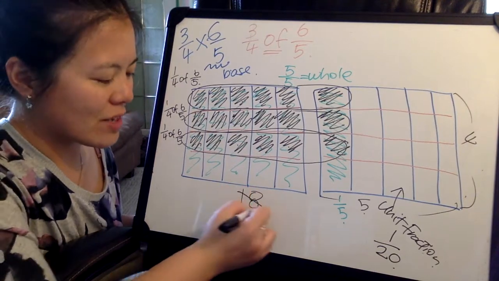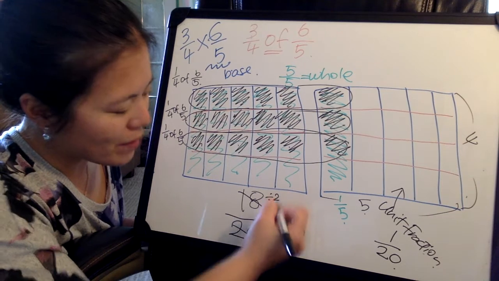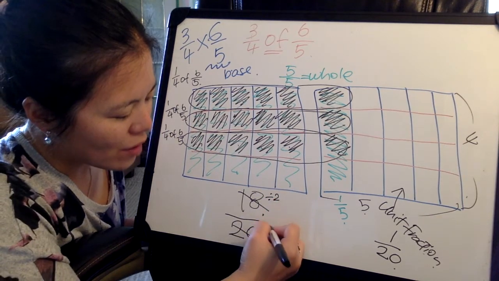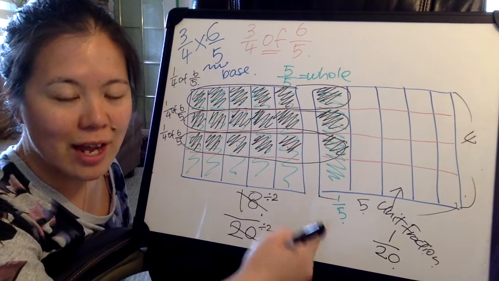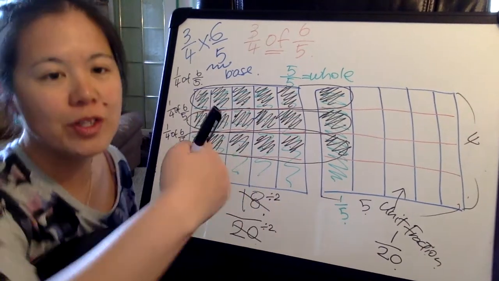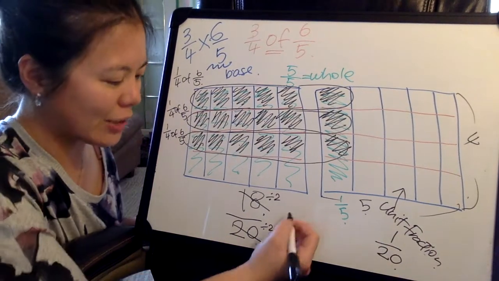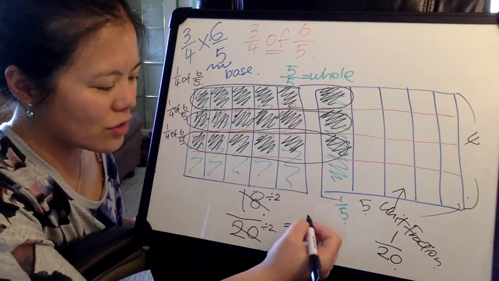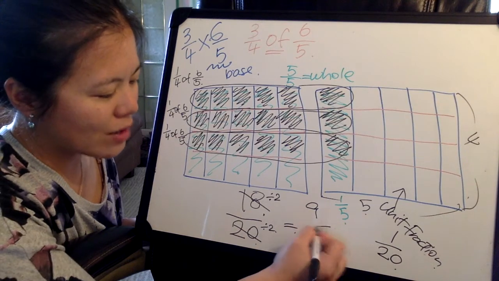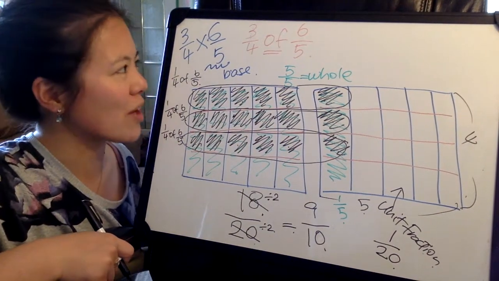And I can divide both by 2. Remember, if I do a division or multiplication, I have to do the same division or multiplication to both the denominator and the numerator so that the ratio of the fraction doesn't change. So that is 9/10, and that's the answer to this question.